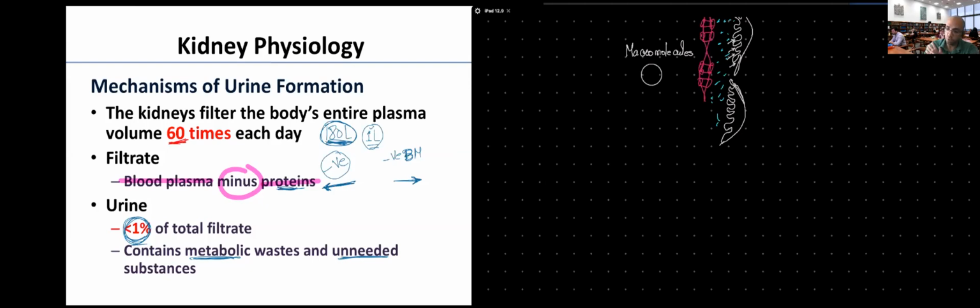So I'm filtering large amounts of fluid. But all the filtrates that I'm releasing out in the Bowman's capsule is not by any means closer to what I release out of the body as urine. Urine is representing less than 1% of the total amount of fluids that gets filtered.